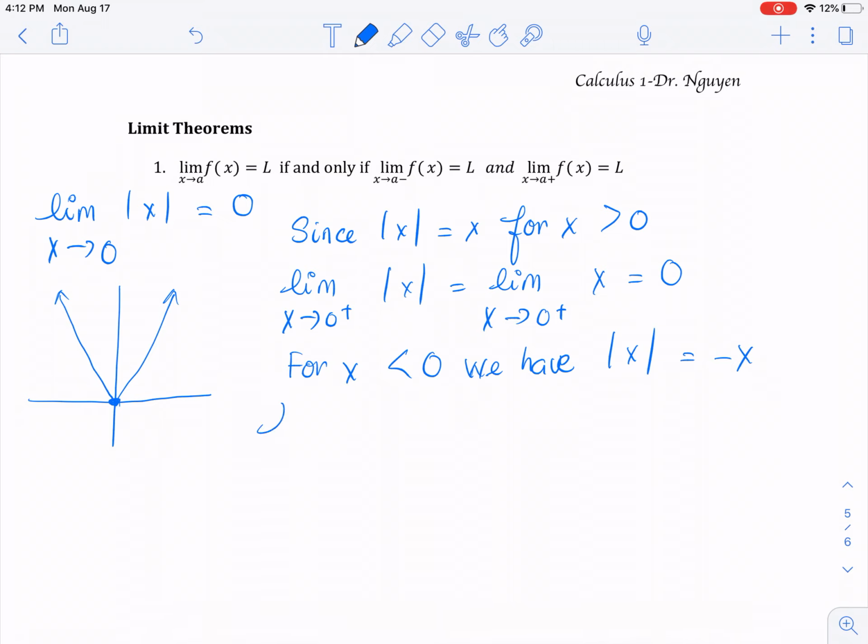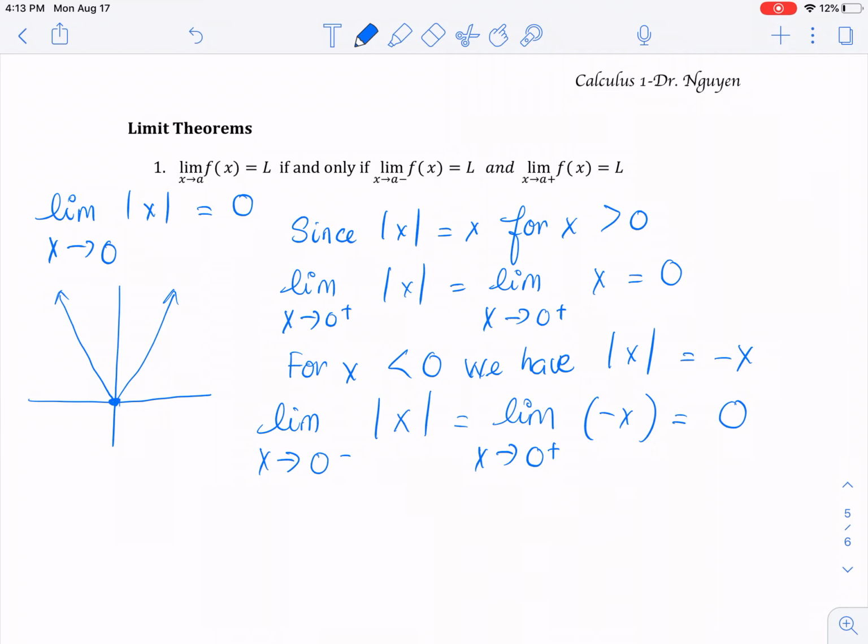Okay, so when you take the limit of the absolute value function as x approaches 0 from the left, it's going to be negative x, and using direct substitution, we end up with 0.